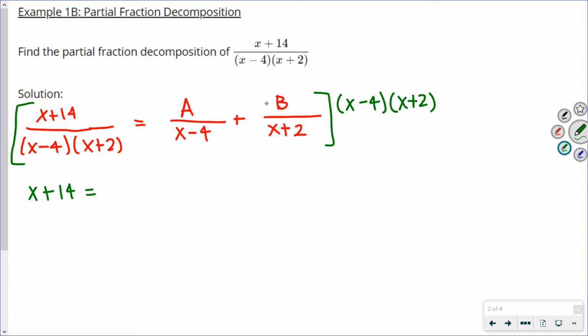When I multiply A times these two factors, the x minus 4 will cancel, and it'll leave me with A and an x plus 2. Plus, now let's multiply the B term. When I multiply, the x plus 2 will cancel, so it will leave me with B and an x minus 4.